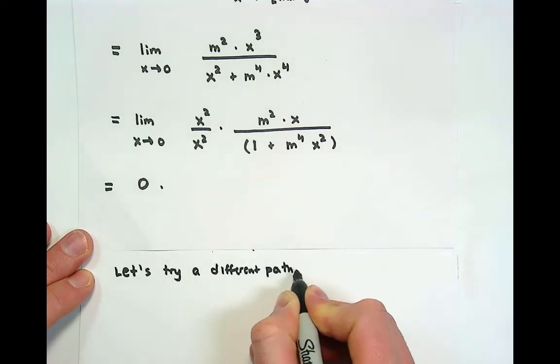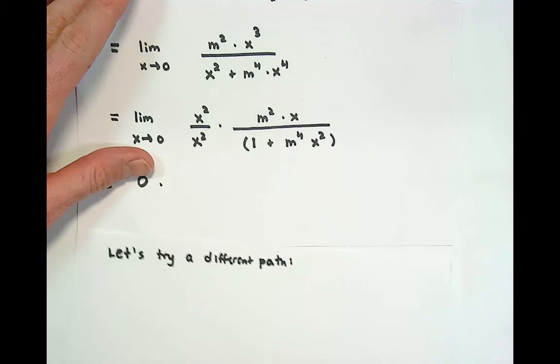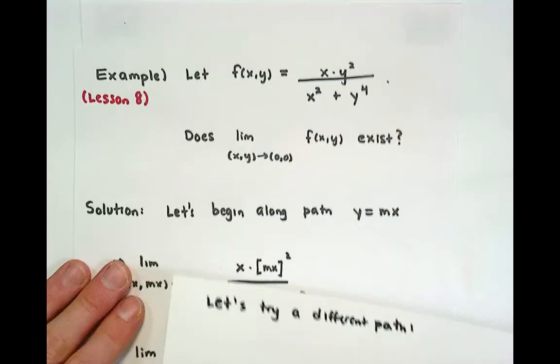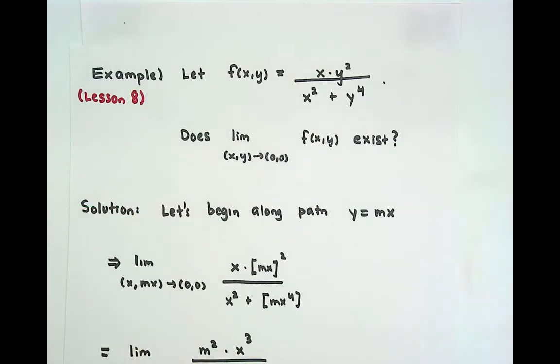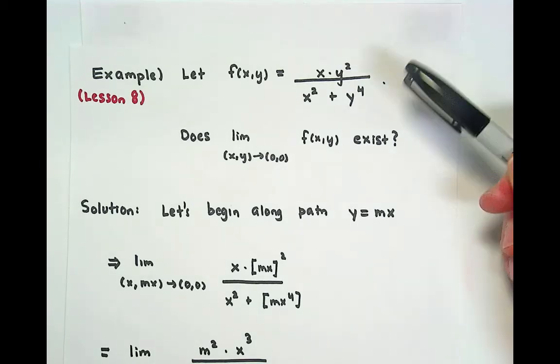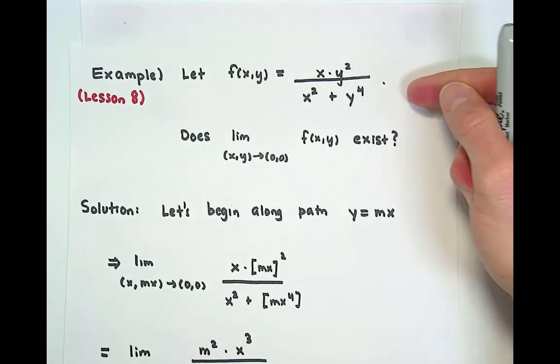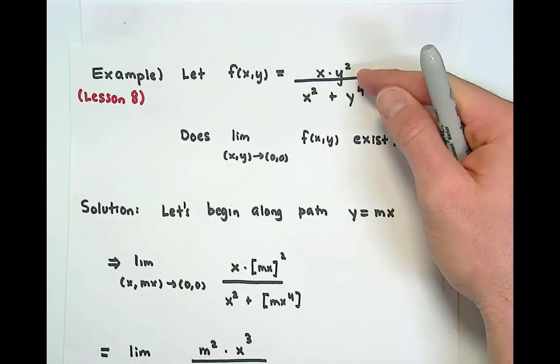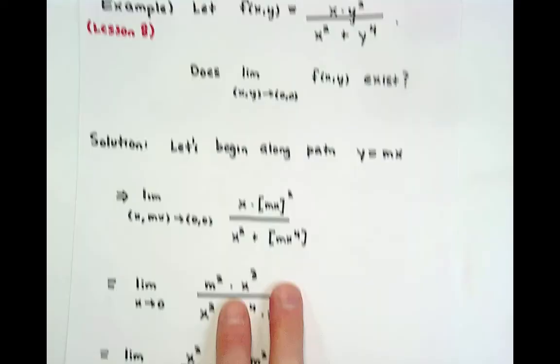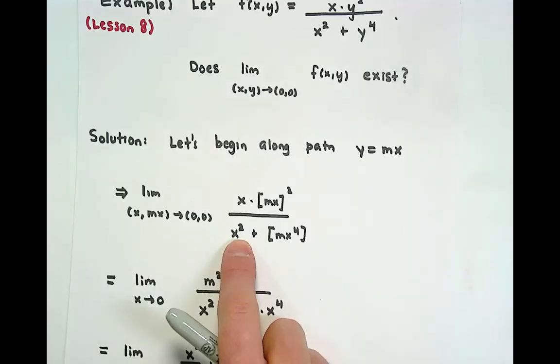The path I'm going to choose comes from looking at the actual function definition quite carefully. The whole idea of choosing a path is to turn a multivariable limit into a single variable limit, but we do so in creative ways. In this case, we did so to cancel out an x squared on the top and bottom so we could actually evaluate it.